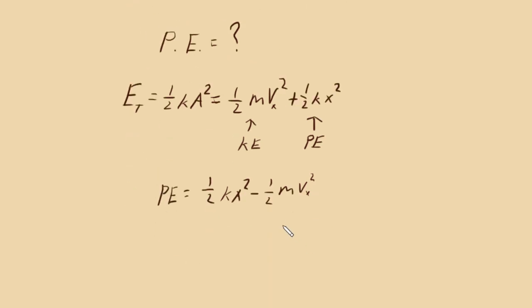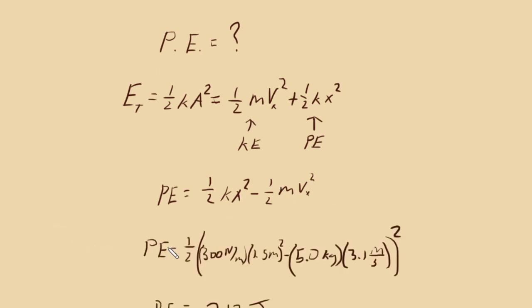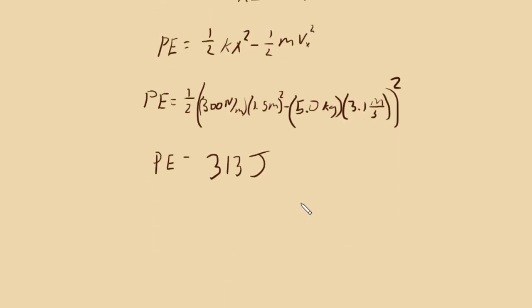So all we had to do is subtract our kinetic energy over, and I rewrote our potential energy just as PE. Of course, we know all these values: our max amplitude, this looks like an X, but that's supposed to be an A, and we know our velocity, and we're told our mass and our spring constant. So we could plug all this in, and we end up with 313 joules.